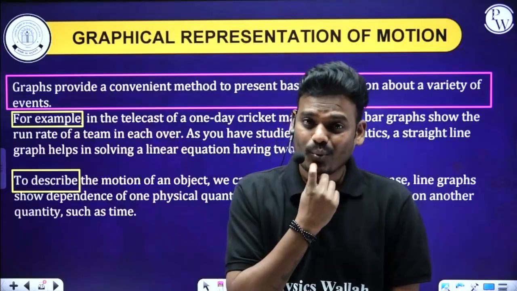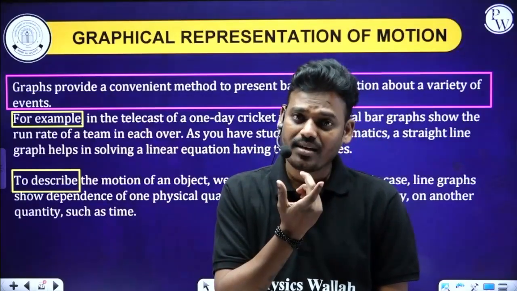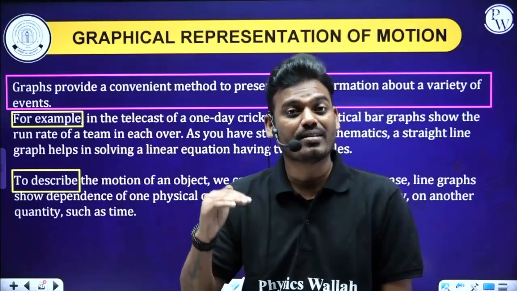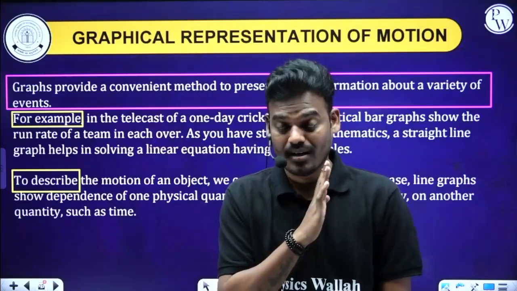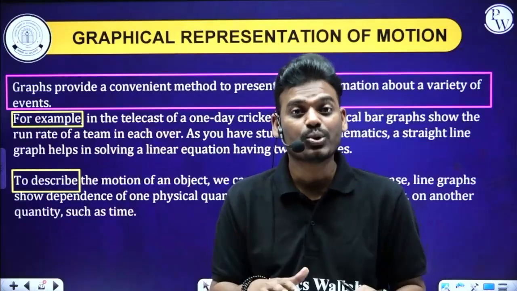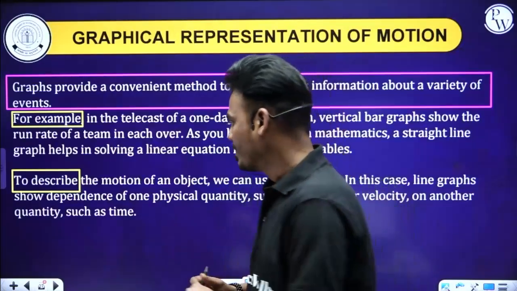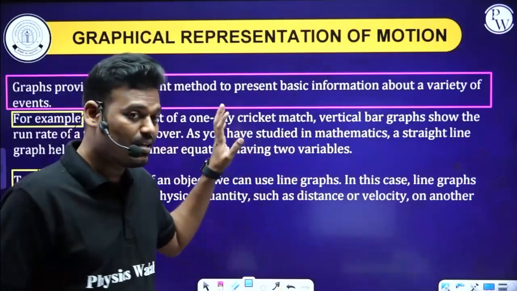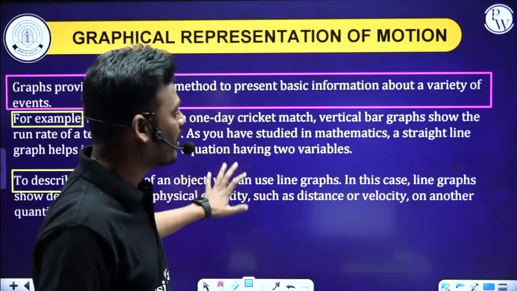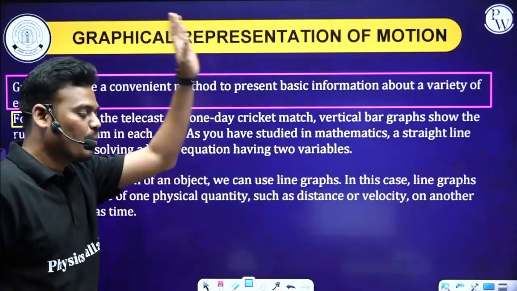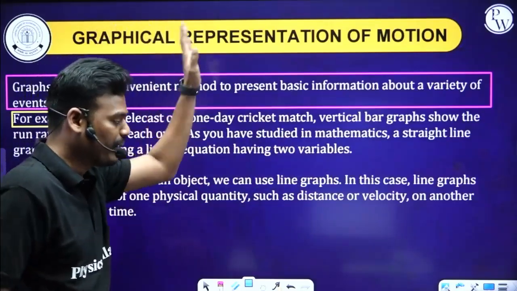You can ask, sir, why do we need to express independent quantities along the x-axis and dependent quantities along the y-axis? It is our convenience. Okay, that's how we are used to it. Got it? And for easy understanding, we are using convenient methods. That is one of the convenient methods we are using: along the x-axis, the independent quantity, and along the y-axis, the dependent quantity.